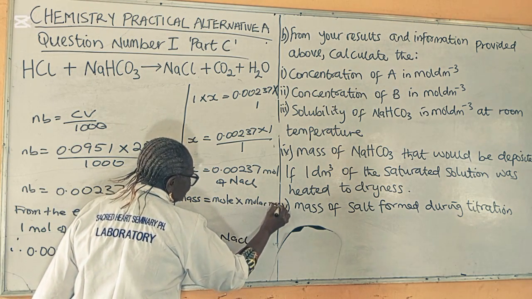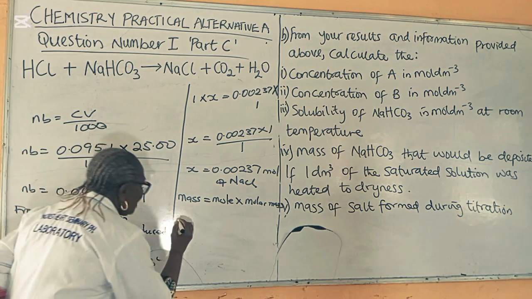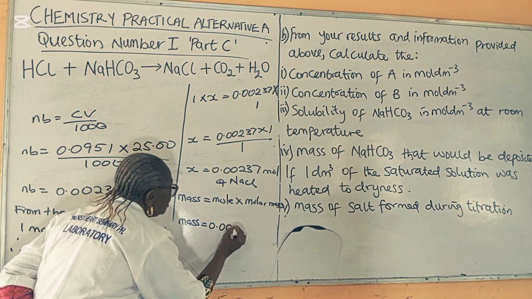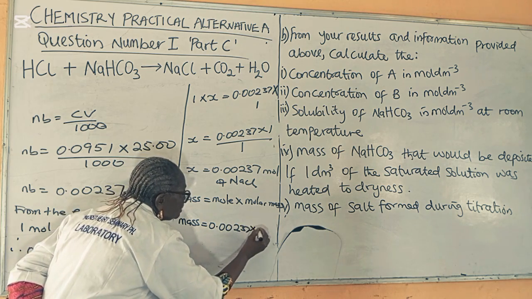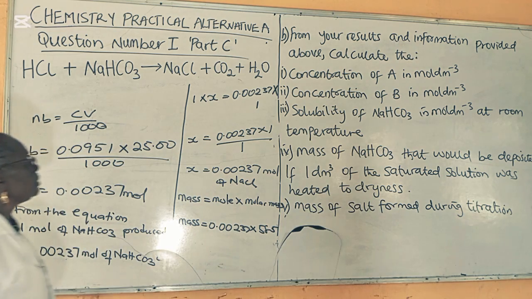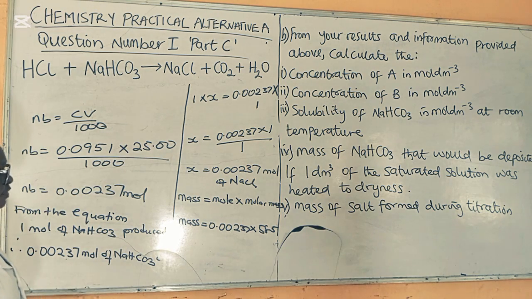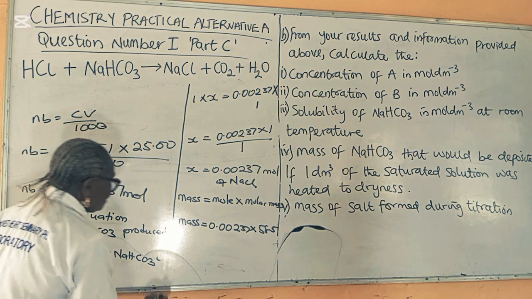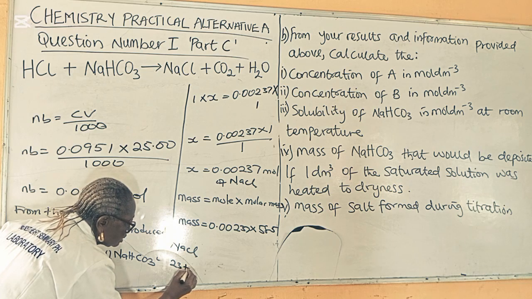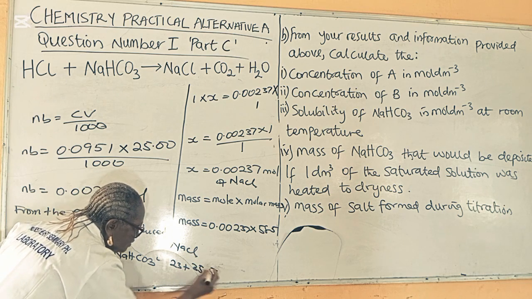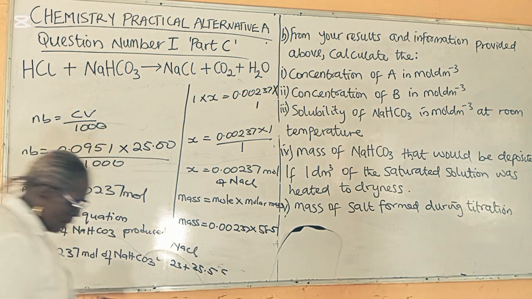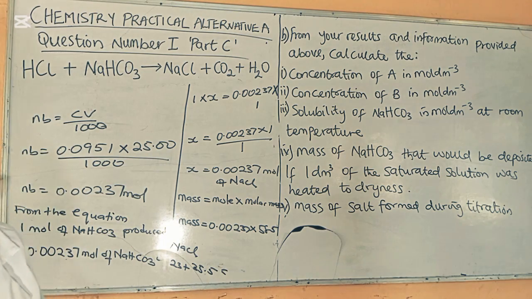What is the mole? 0.00237 times 58.5. One will ask me, how did I arrive at 58.5? Let me explain a little. This is NaCl. Na is 23 plus 35.5. And that will give you 58.5, which is the molar mass of the salt.